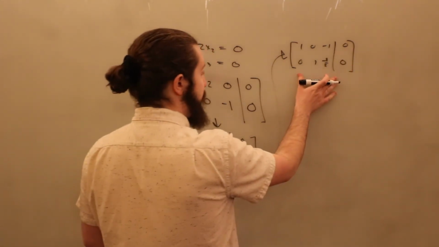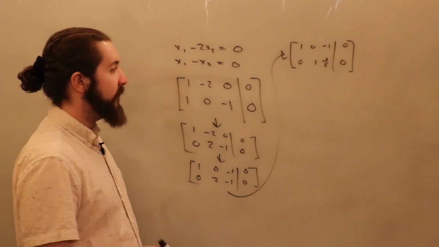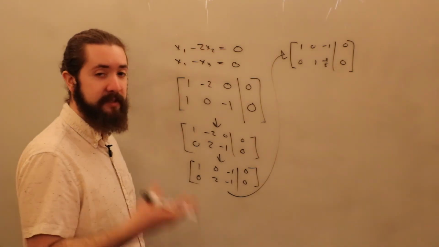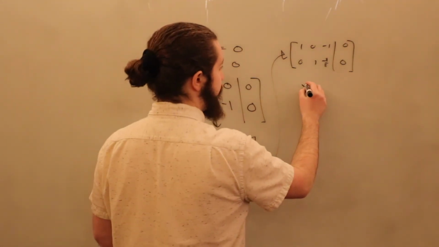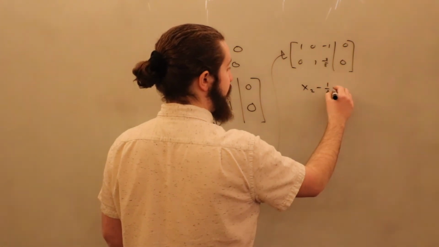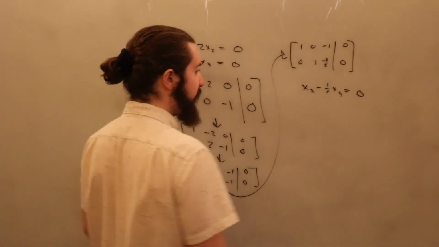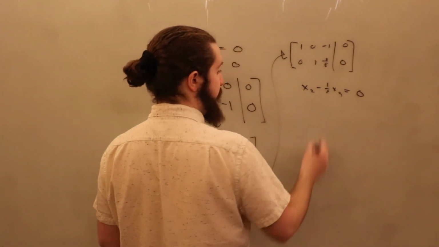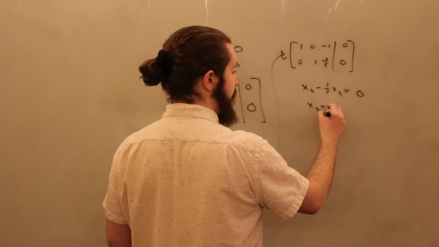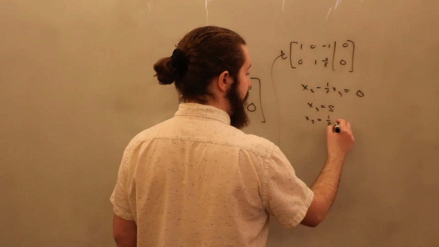All right, so we're done. This is our reduced row echelon form, and now we can write the solution to the system of linear equations. So we have x2 minus 1/2 x3 is equal to 0. So if we introduce a parameter, let's say s, set x3 equal to s, then x2 is equal to 1/2 s.